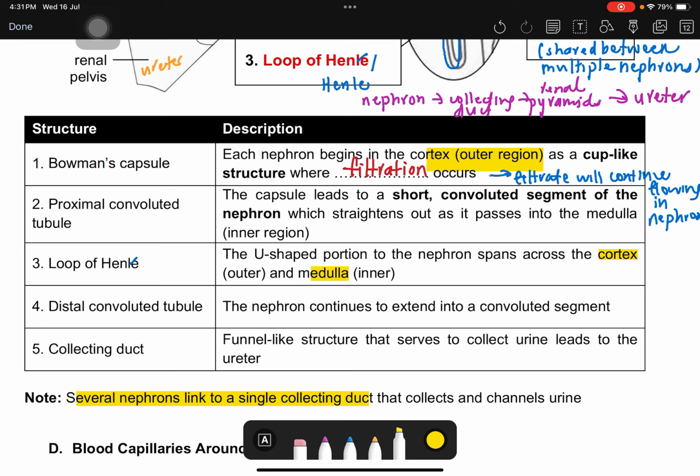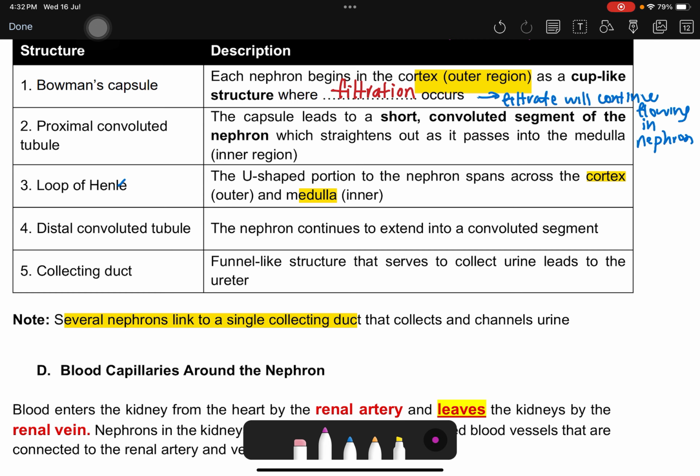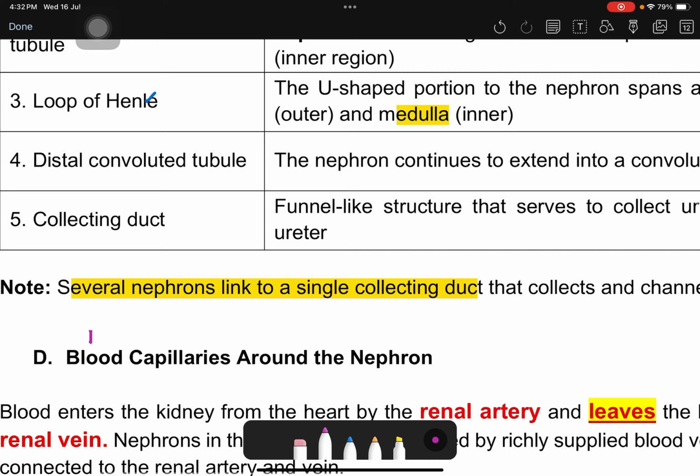So now that we are done looking at the nephron, I will include the blood capillaries as well as the different blood vessels that surround the kidney. Why the blood vessels are such an important component is because the blood is being filtered in the nephron.